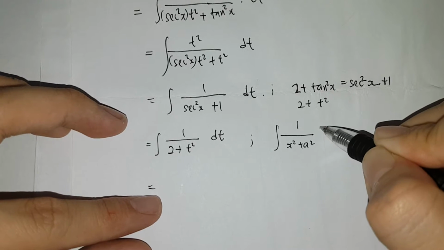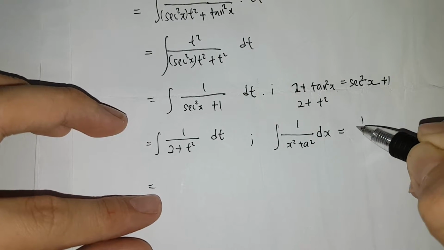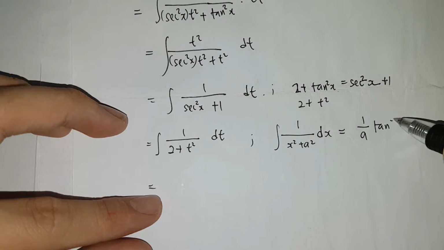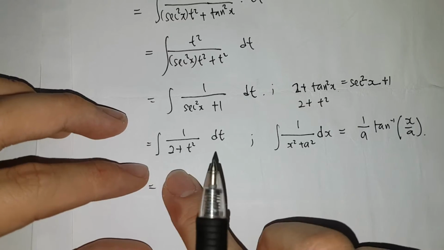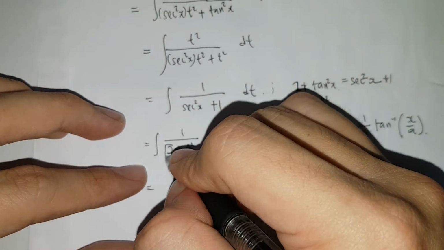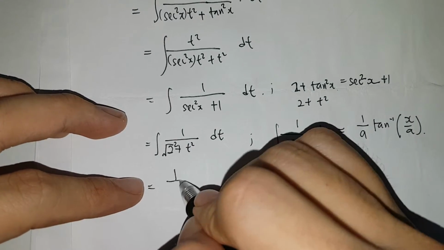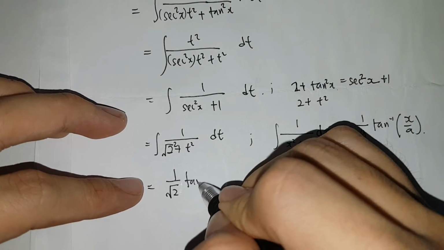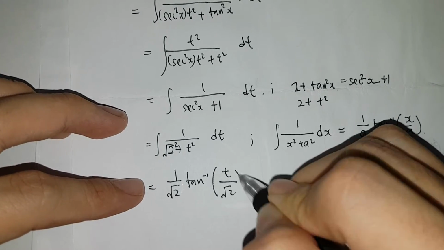If you were to integrate this, this integral would be 1 over a tangent inverse x over a. So from here I know that a is actually square root 2. So what I'll yield is 1 over root 2 tangent inverse t over root 2, which is a.